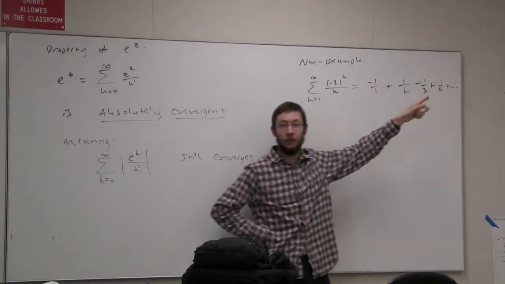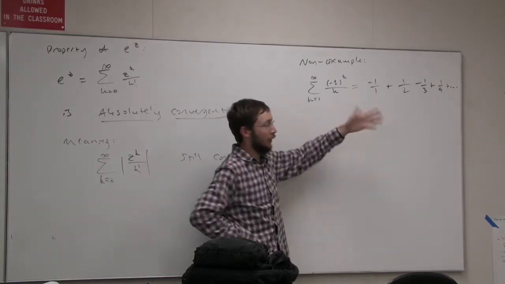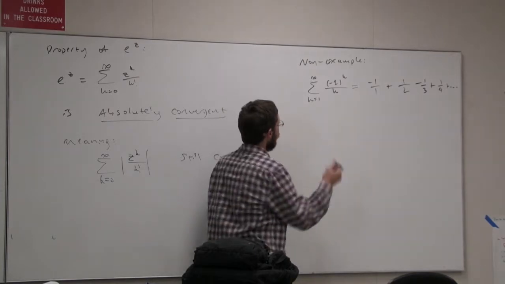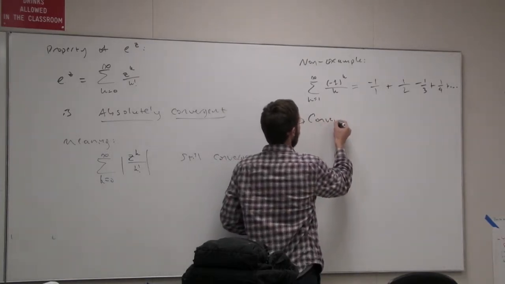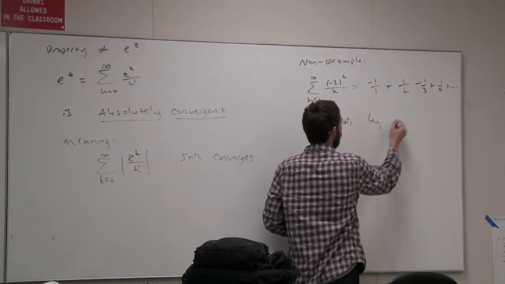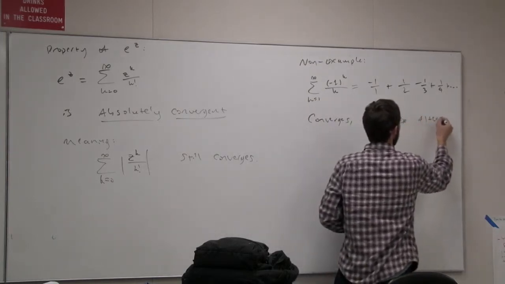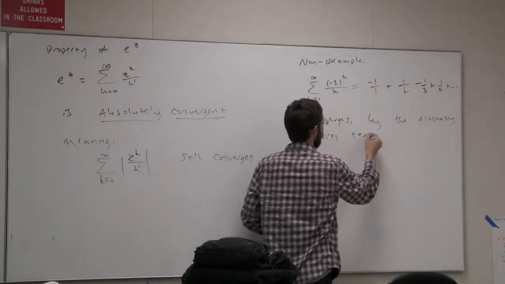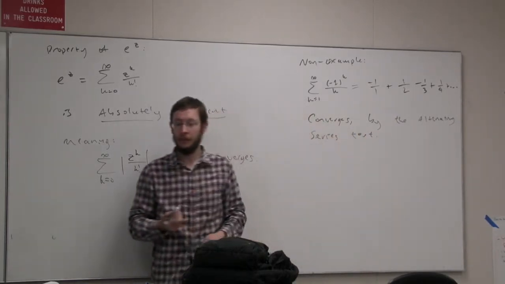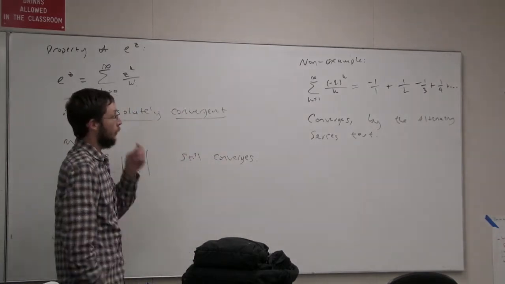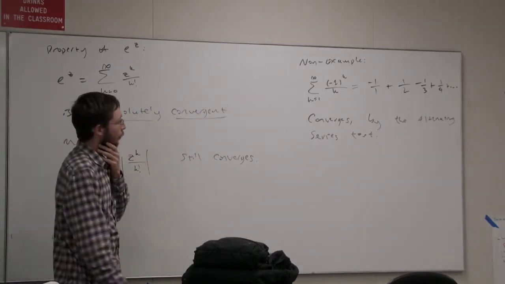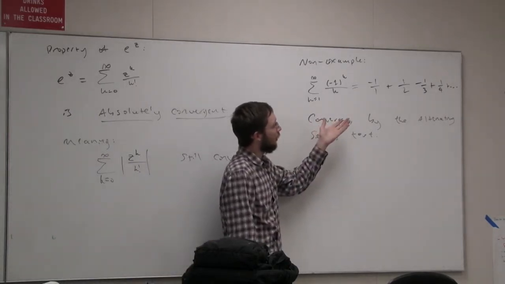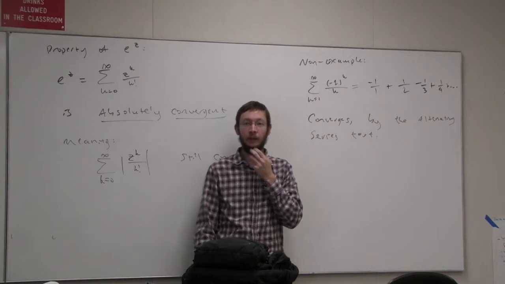So the size of all the terms is approaching 0, and therefore, by the alternating series test, this series definitely converges. If the size of those things approaches 0, then the sum converges. And so that's all well and good, but what would happen if we took the absolute value of these things?